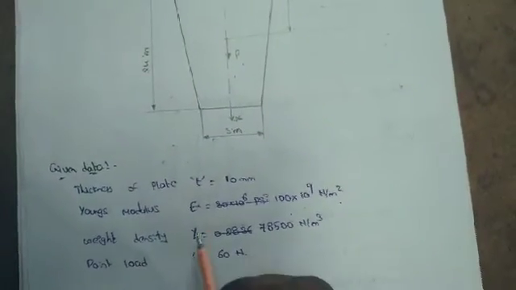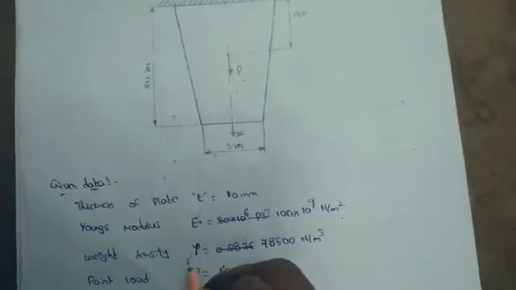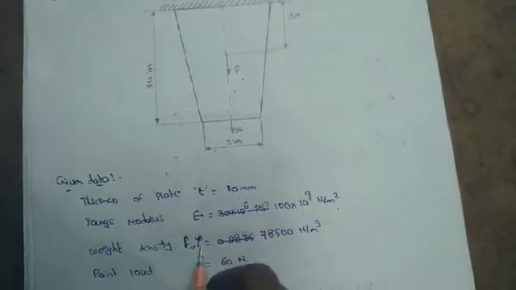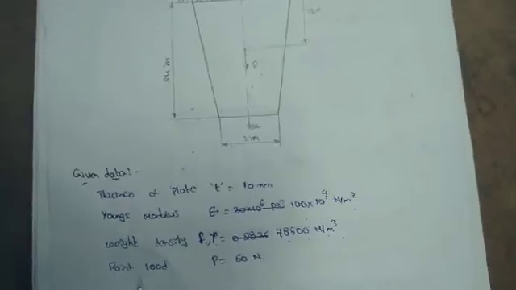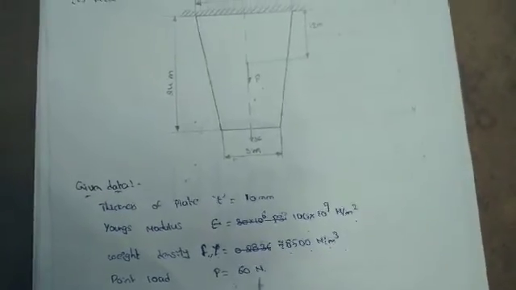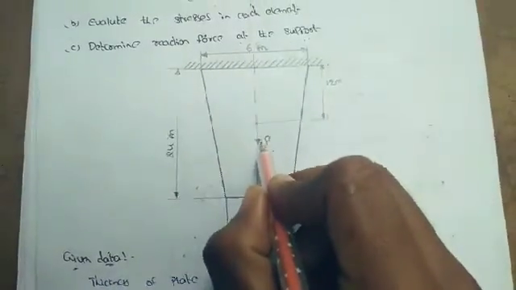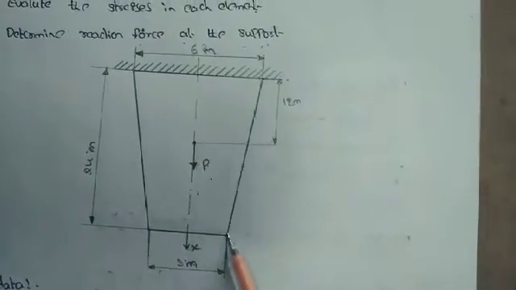Weight density means you have to indicate rho or small f. This is small f or rho, 78,500 Newton per meter cube. The point load is P equal to 60 newtons, acting at the center, downwards. In this problem the plate is in the shape of a cone.